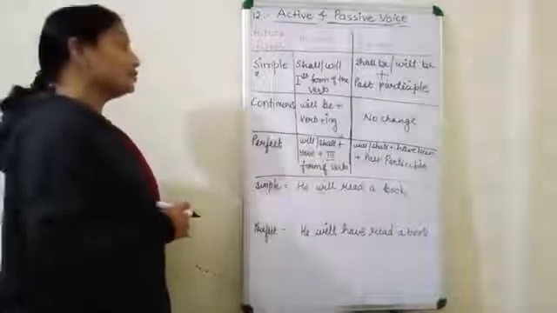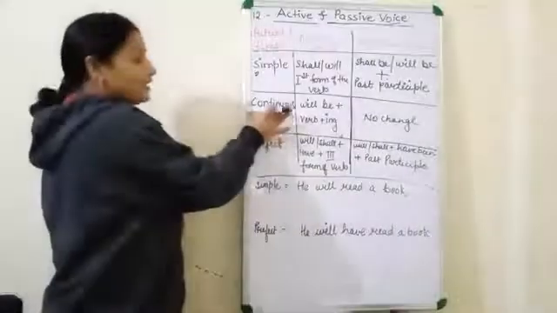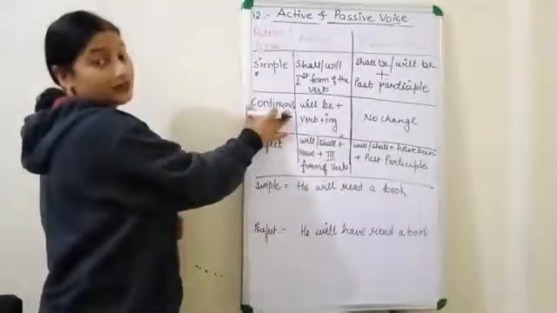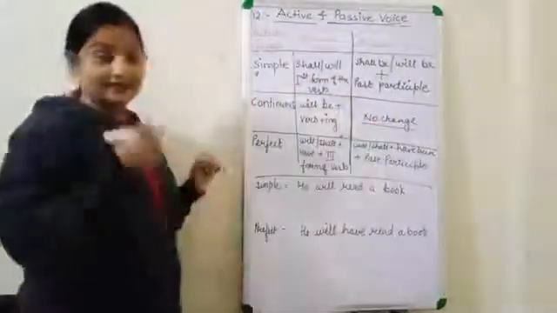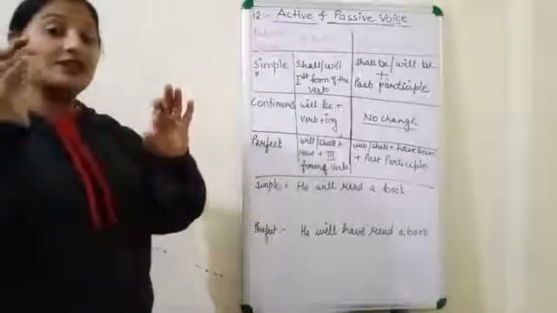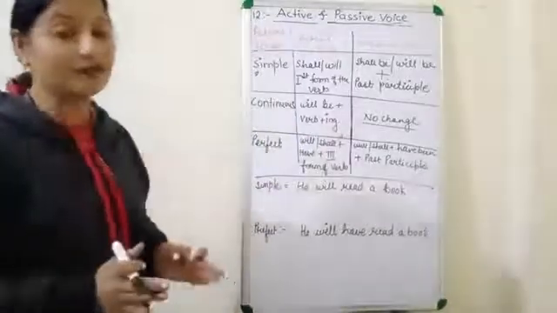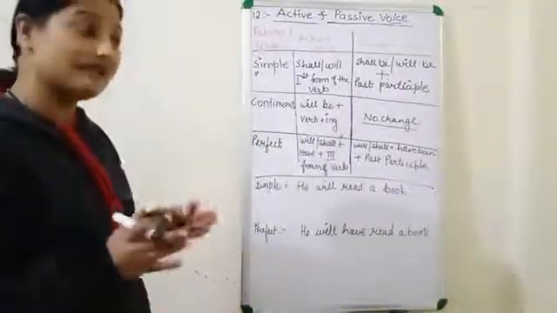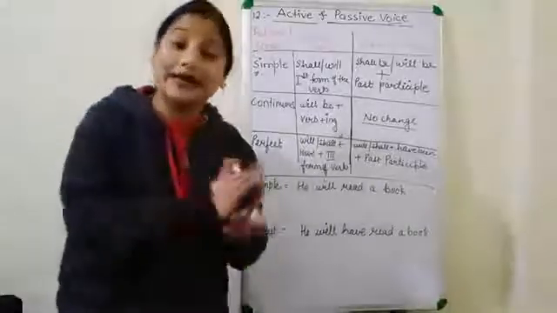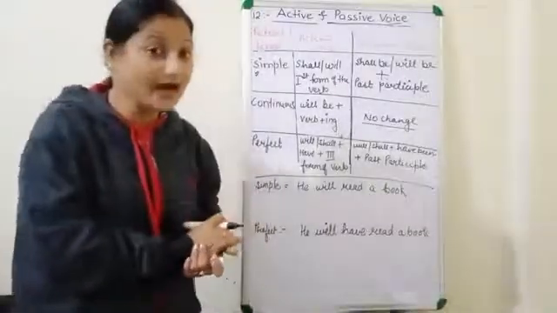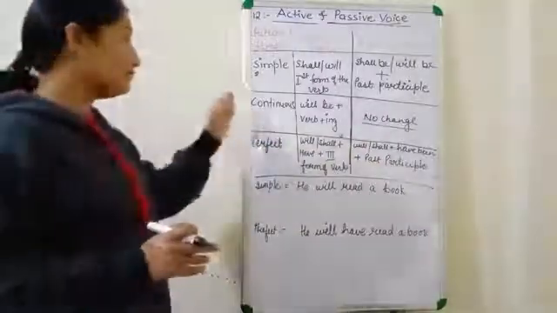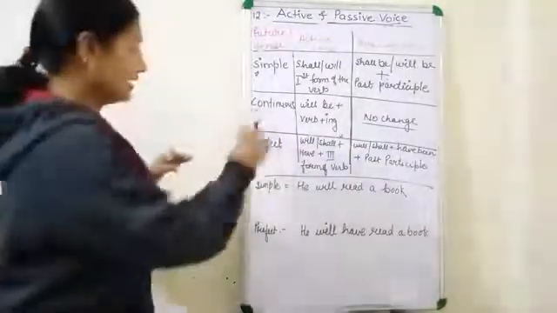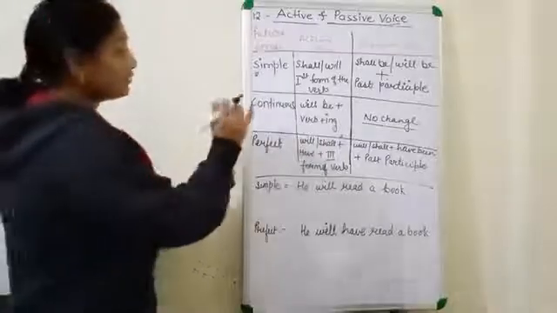Now see the second rule. If it is a future continuous, then there will not be any change. Now children, we have got a total of 4 different types of tenses in which we cannot do anything. These are all the perfect continuous plus future continuous. Here, in this block, I'll write what these are.